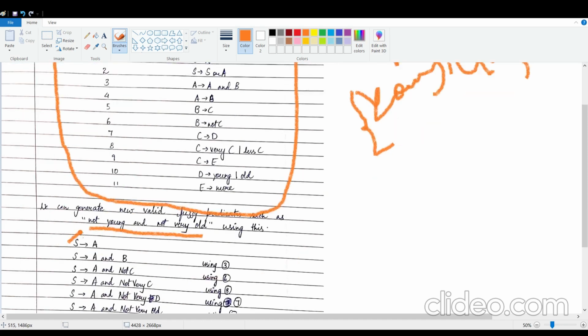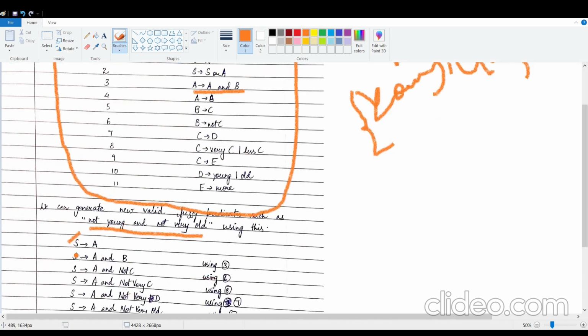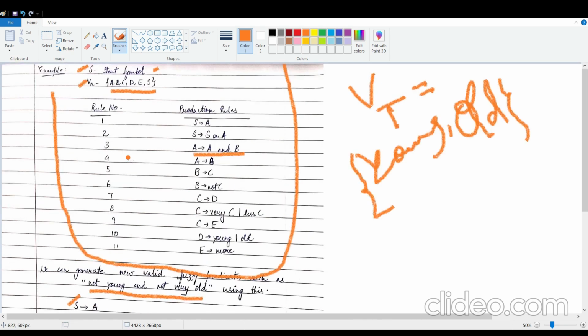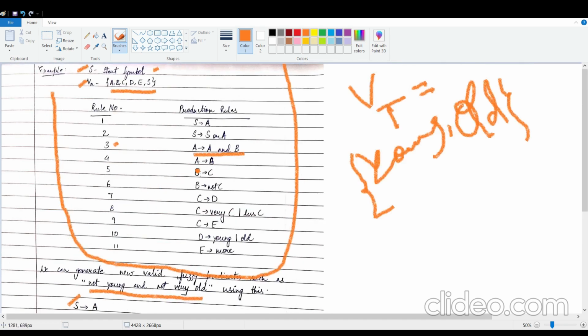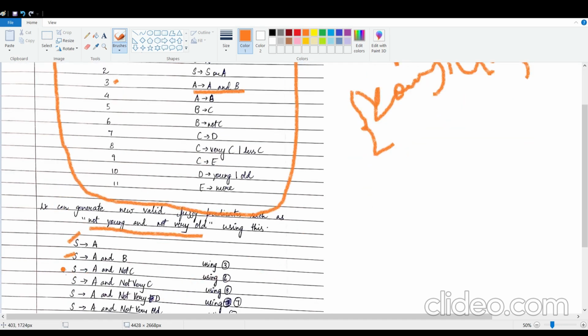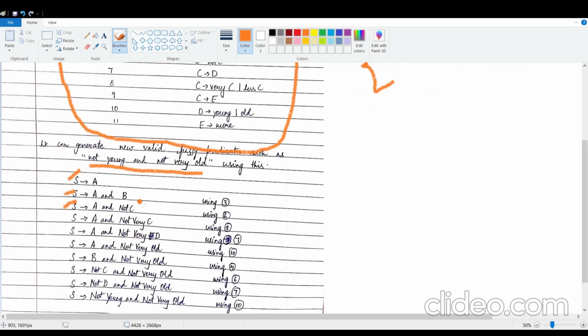So you start off with this S implies A, and from S implies A, you can also infer this part. Why? Because A again implies A and B. So the second part gives you S implies A and B from our third rule. And from this, you can also infer S implies A and not C. And this is from my sixth rule.